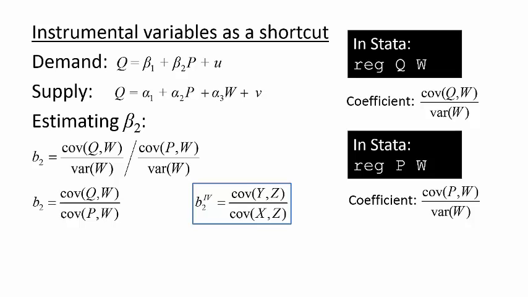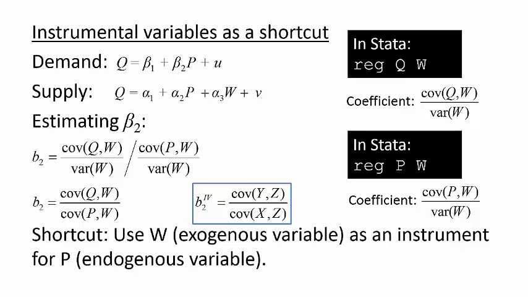We are dividing the covariance of the dependent variable and the instrument by the covariance of the endogenous variable and the instrument. This leads us to the following shortcut. To estimate the coefficient on an endogenous variable, we can use an exogenous variable, in this case weather, as an instrument for the endogenous variable, in this case price.